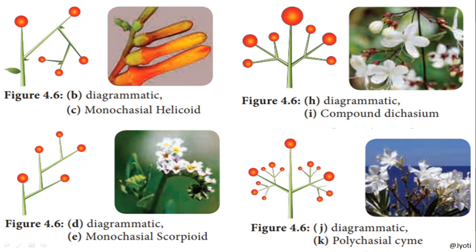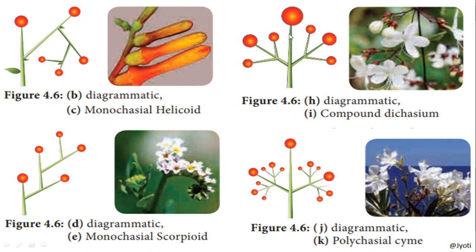Then another type is polychasial or multiparous cyme. Here you can see your main axis is terminated with a flower. Then the main axis is branched multiple times, many times. Here it is branched twice only.